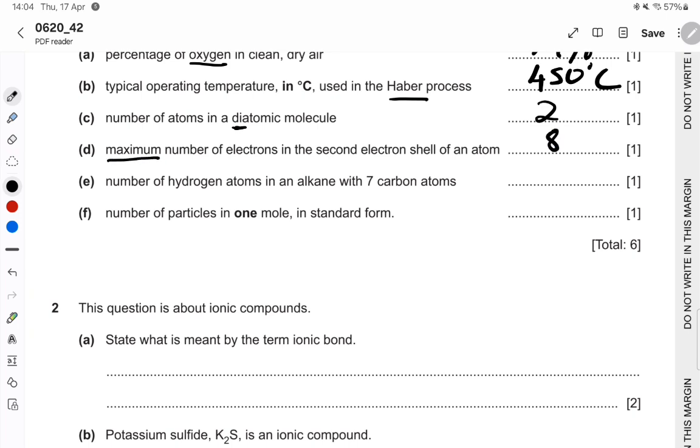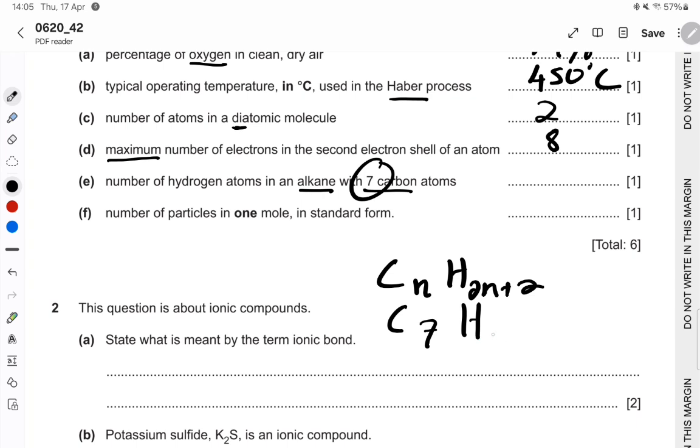Now, the number of hydrogen atoms in an alkane with 7 carbon atoms. The alkane general formula is CnH2n+2. With 7 carbon atoms, you just substitute C7 and you should get C7H16. But again, hydrogen atoms, so you just mention 16.